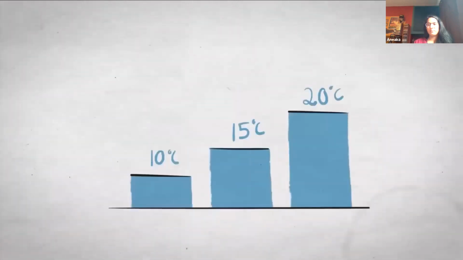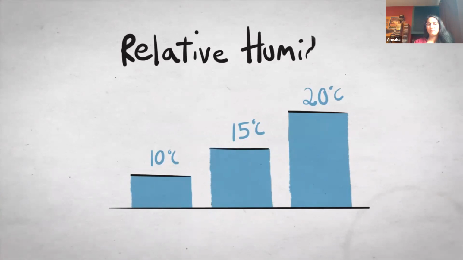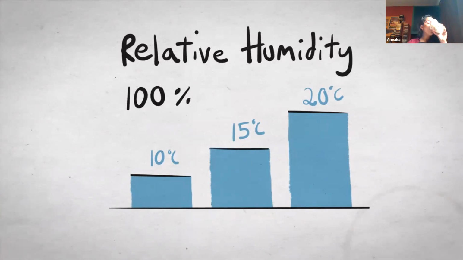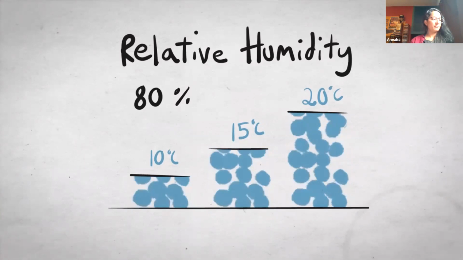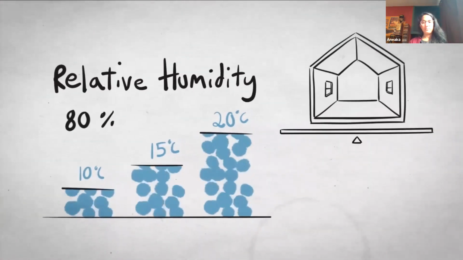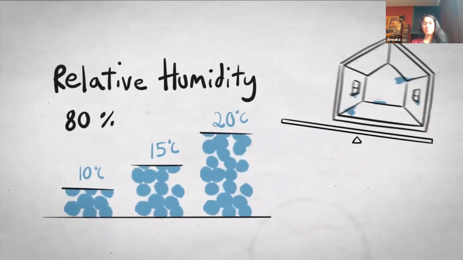Because air can hold different amounts of moisture at different temperatures, we measure how full the air is by something called relative humidity. If we have 100% relative humidity, then the air is full up and the vapor becomes liquid water. But even when there is no condensation, high relative humidity can be uncomfortable and lead to mold and other problems.